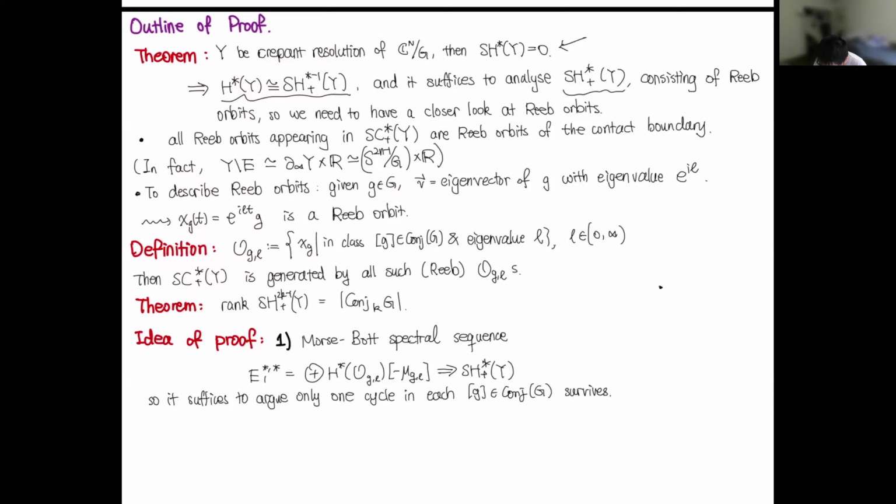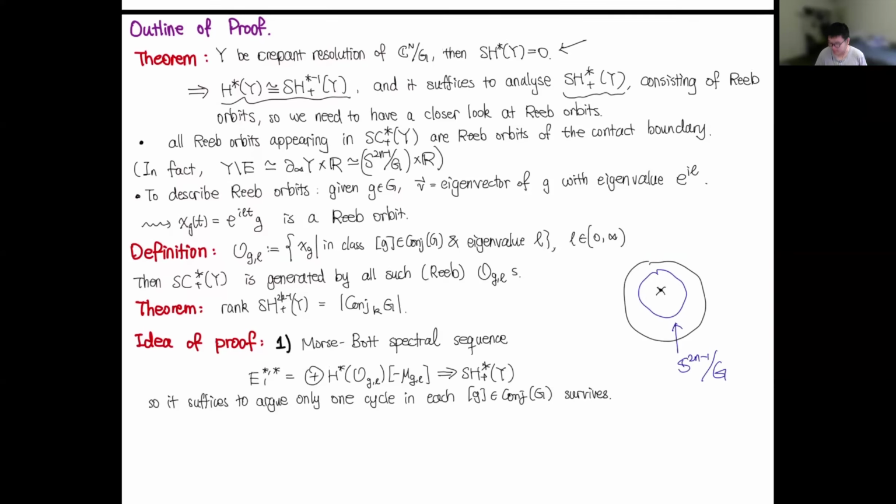Well, you have an isolated singular point here, and then you take a sphere around this singular point, where it should be S^(2n-1) quotient by G. The reason is that if you remove the critical point, the G action on C^n minus the origin is free, so you have a quotient, and the quotient, based on the existence of the dilation, is homotopy equivalent to the quotient of a sphere by the finite group, which is this thing.